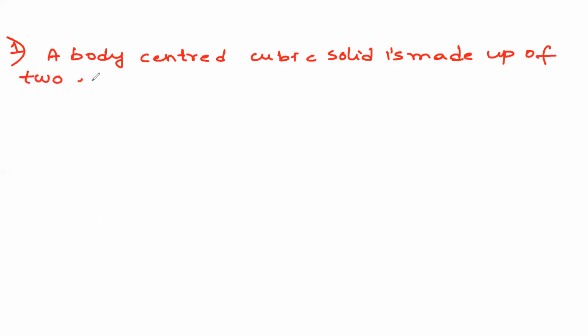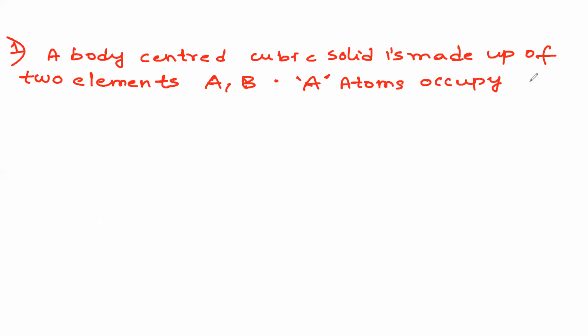A body-centered cubic solid is made up of 2 elements, A and B. A atoms occupy 2 corners of the cube.